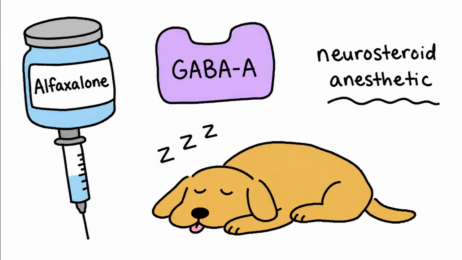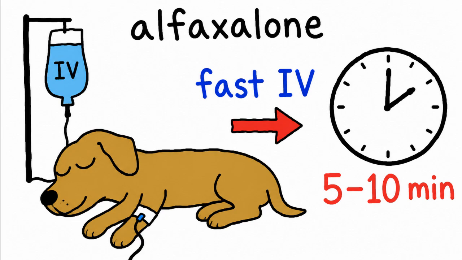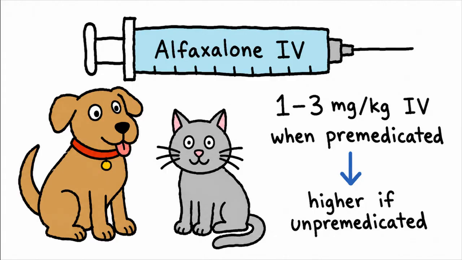Alfaxalone is another induction agent that acts at GABA receptors, but it is a neurosteroid anesthetic. It also works quickly IV and usually lasts about 5 to 10 minutes after a single IV induction dose. In dogs and cats, it is often around 1 to 3 mg per kilogram IV when premedicated, and higher doses may be needed if unpremedicated.